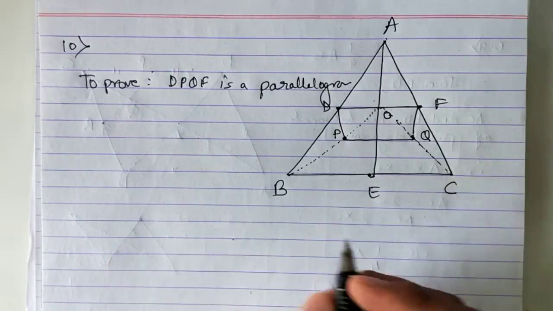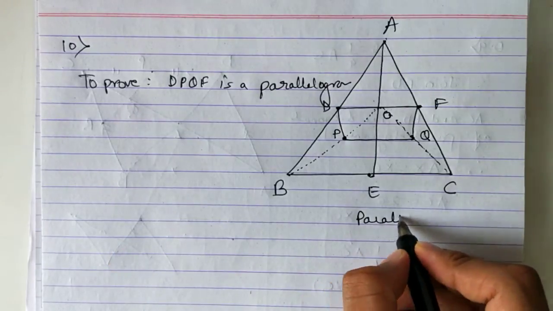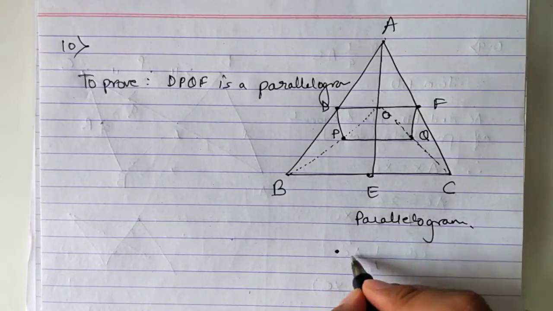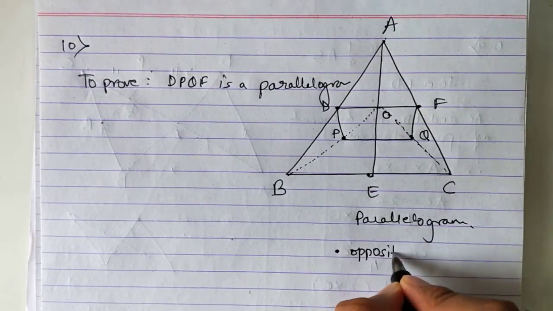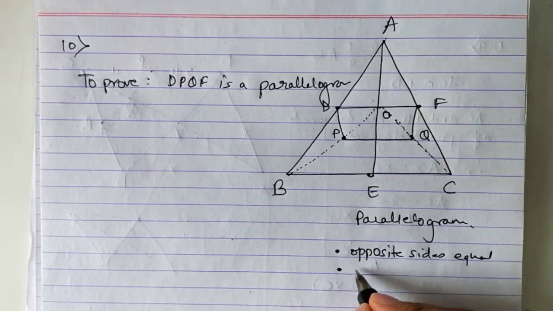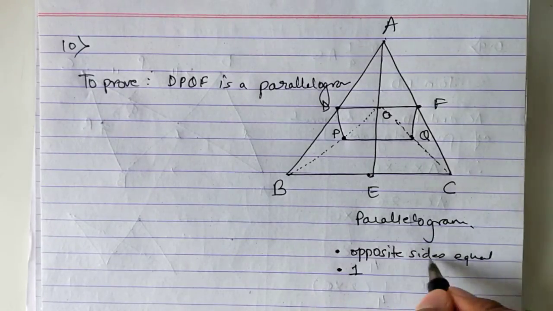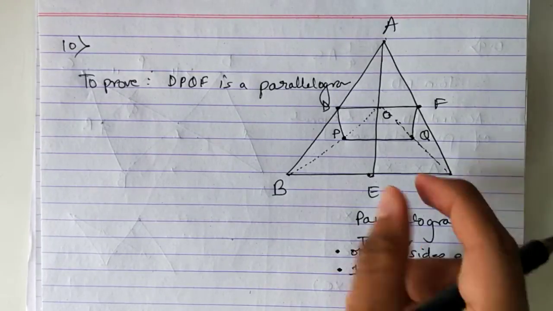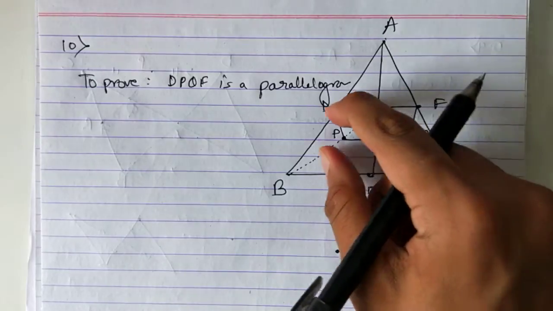See, parallelogram के लिए क्या क्या conditions है? Remember this, learn this. How to prove that they are parallel? You can prove opposite sides equal, means two pairs. मतलब this side and this side should be equal, this side and this side should be equal.